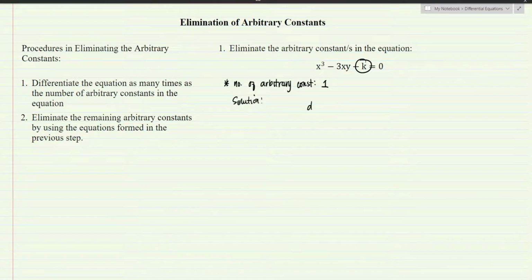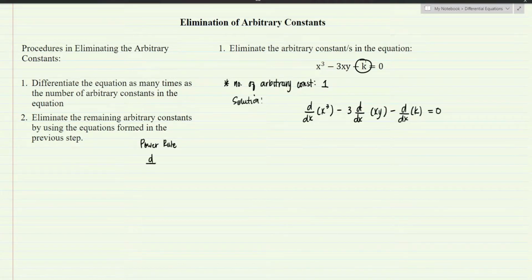So I will have here the derivative of x cubed, minus, for the second term, I will factor out 3. Then I will get the derivative of xy, then minus the derivative of k equals 0.